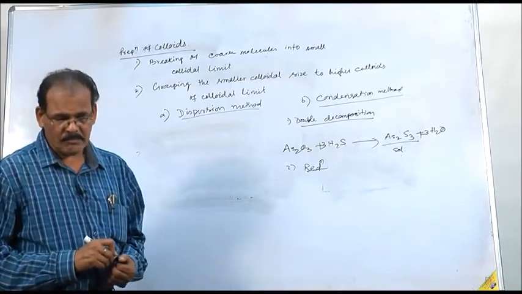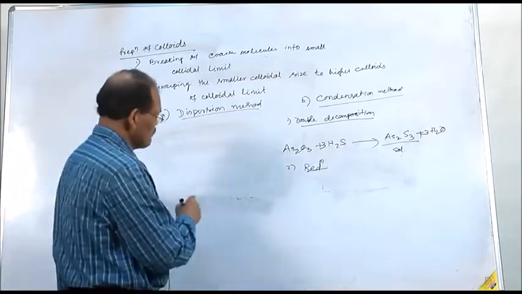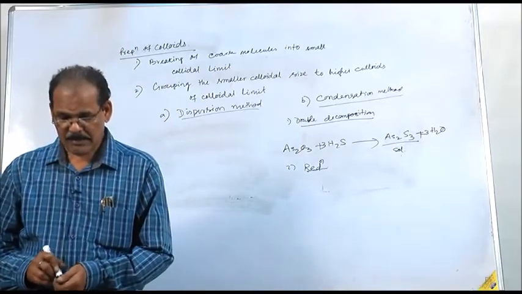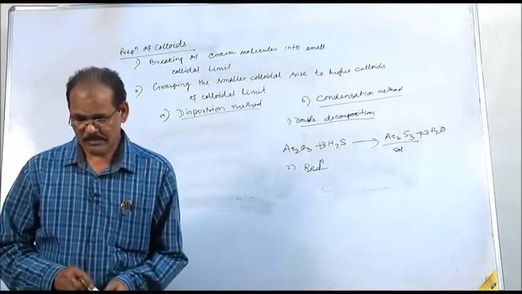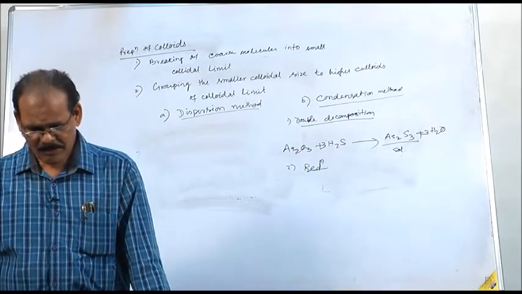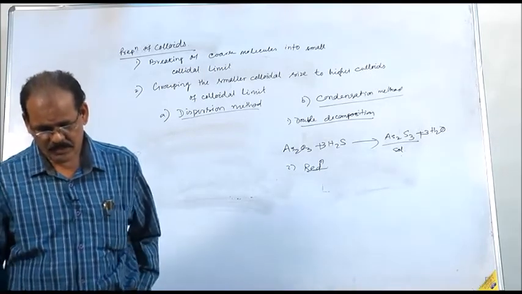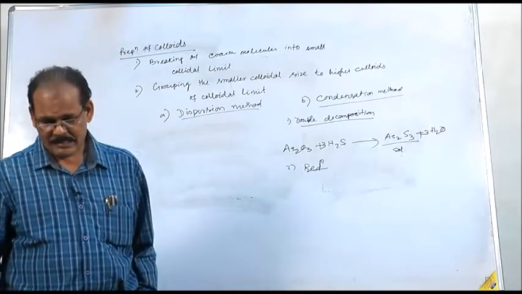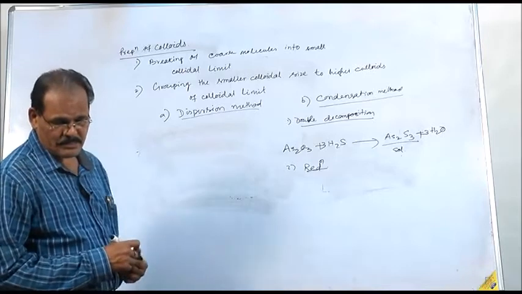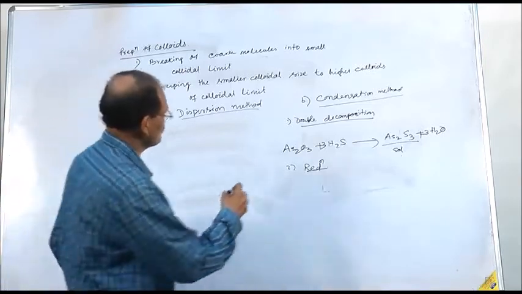So platinum, mercury, gold, bismuth, all these metal sols have been produced by such method. The presence of a small amount of lyophilic substance, for example gelatin, is helpful in increasing the stability of this system.